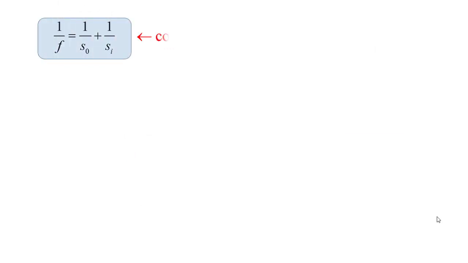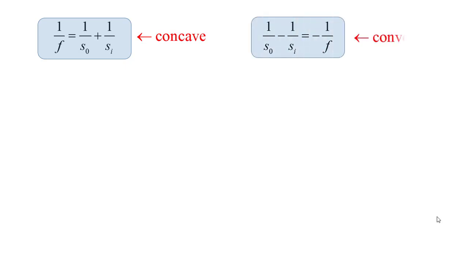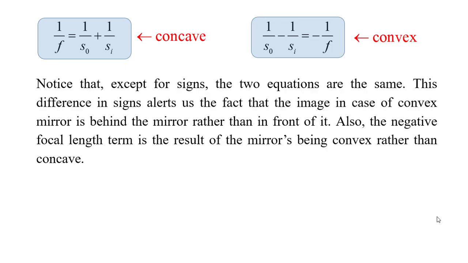So this is for a concave mirror that we have derived previously, and this is the mirror equation for a convex mirror that we have derived a while ago. And notice that except for signs, the two equations are very much similar. This difference in signs alerts us to the fact that the image in case of a convex mirror is behind the mirror rather than in front of it.